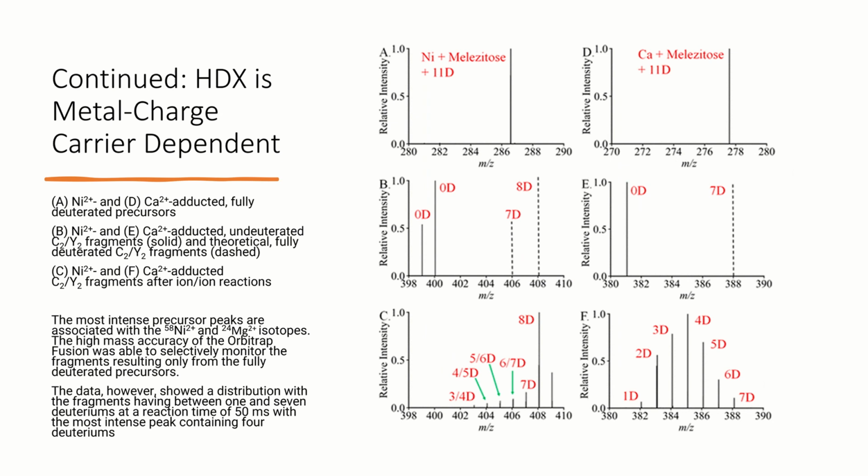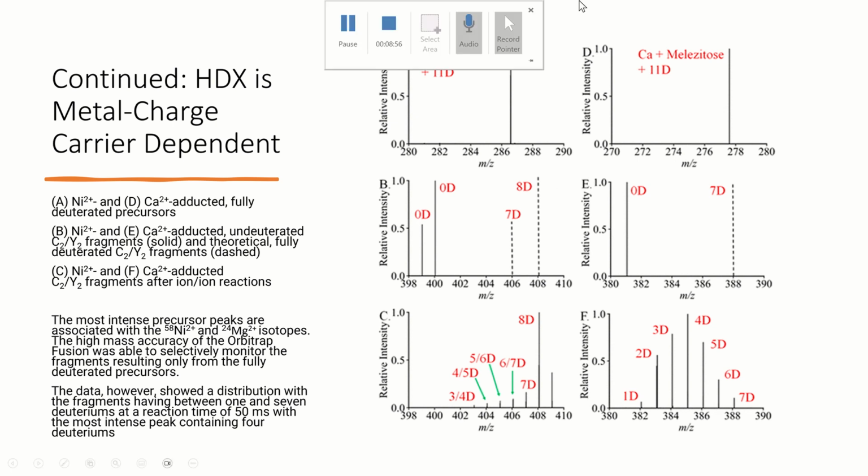And then continuing on, the result is that hydrogen deuterium exchange is metal charge carrier dependent. So we have another index for you to go along with all the mass specs that are provided.